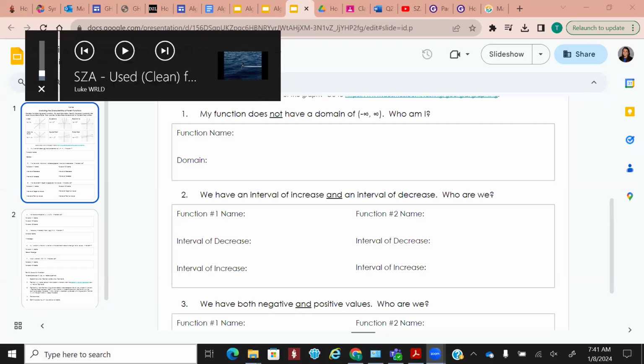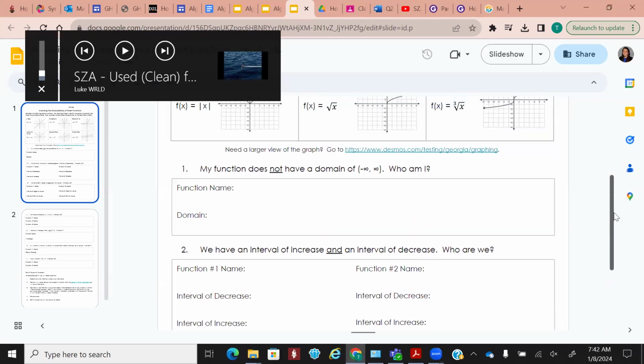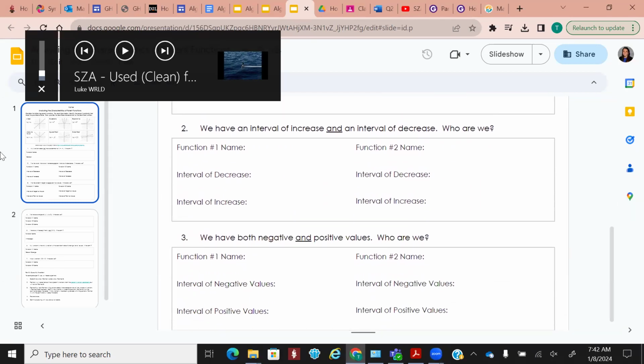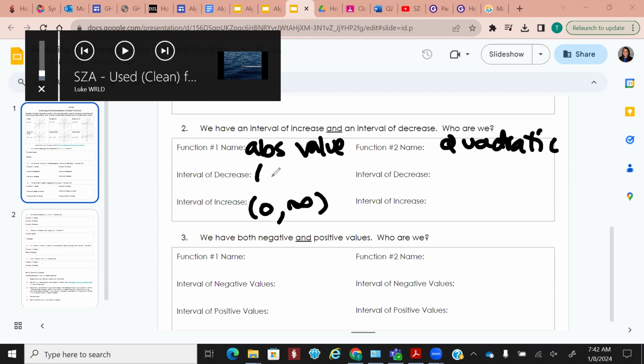Okay. So we did 1 together. So what'd you get for number 2? Absolute value. And what'd you get for the other function? Quadratic. And for interval of increase and decrease, you got something like this.